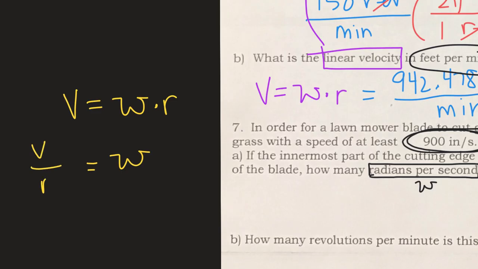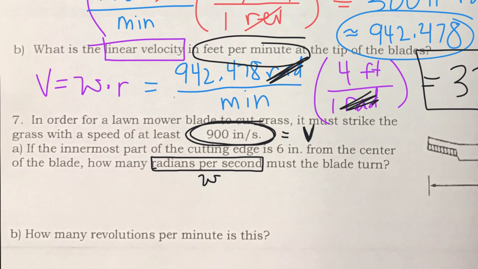Linear divided by radius. If this side is multiplication, that side is division. So omega equals v divided by r. It's really important to understand that. Omega equals linear velocity, which was 900 inches every second, times radius.